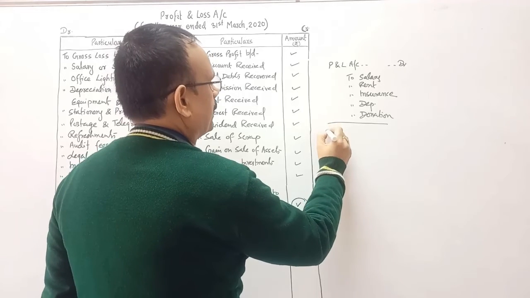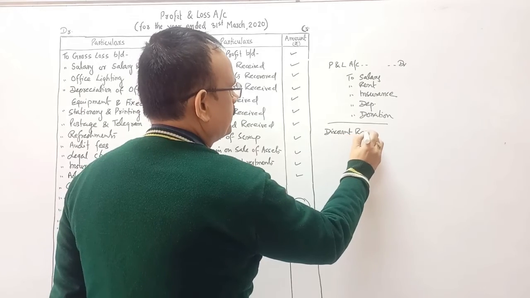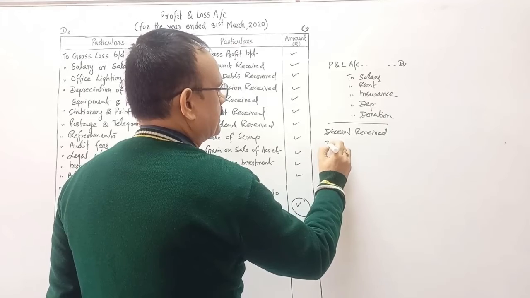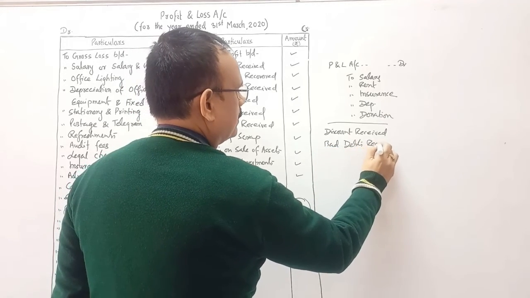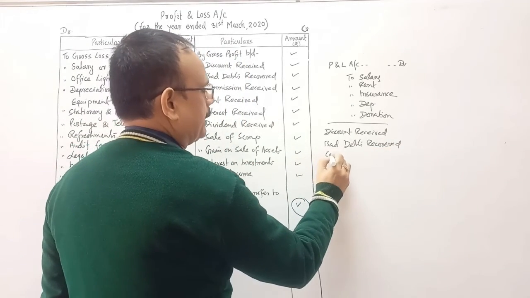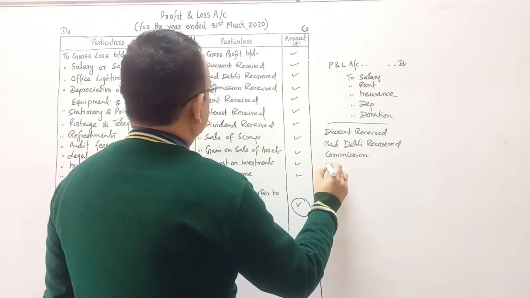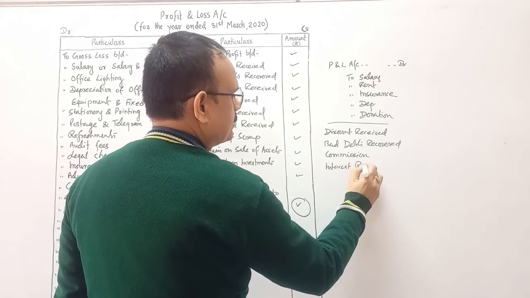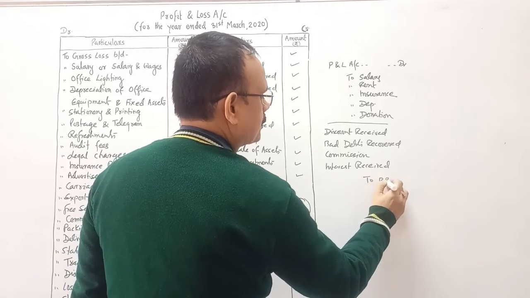We will write discount received account debit, bad debts recovered account debit, commission account debit, interest received account debit, to profit and loss account.